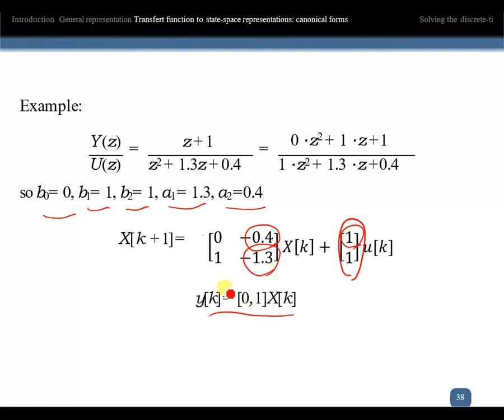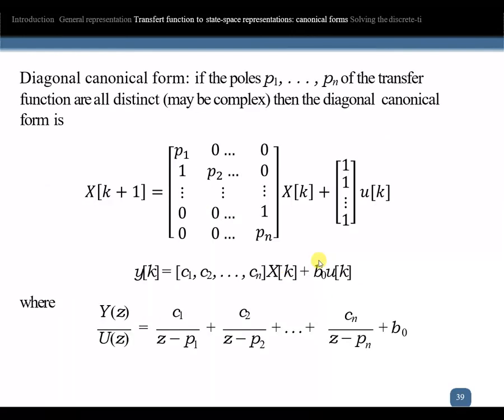This system or this model is observable for me. Observable means that at each time I can measure each state variable. You have two state variables x1 and x2, and at each time you can know about the variables.